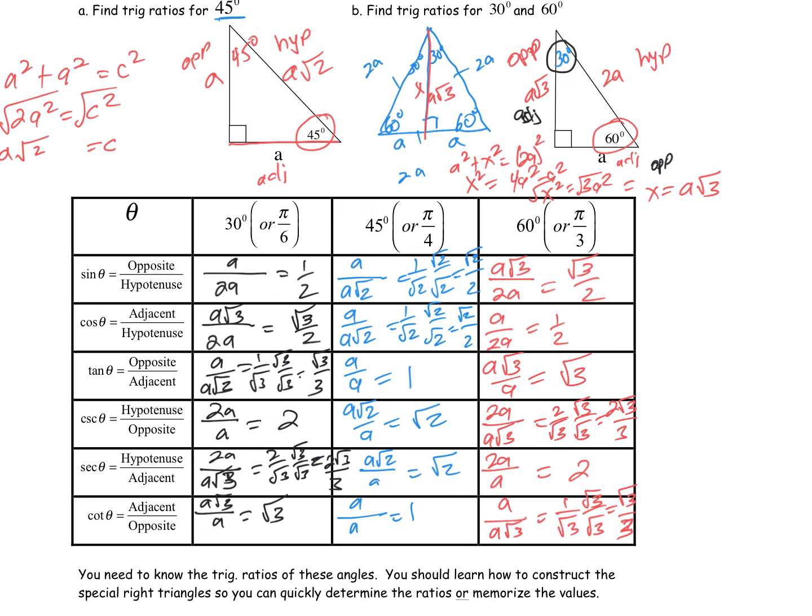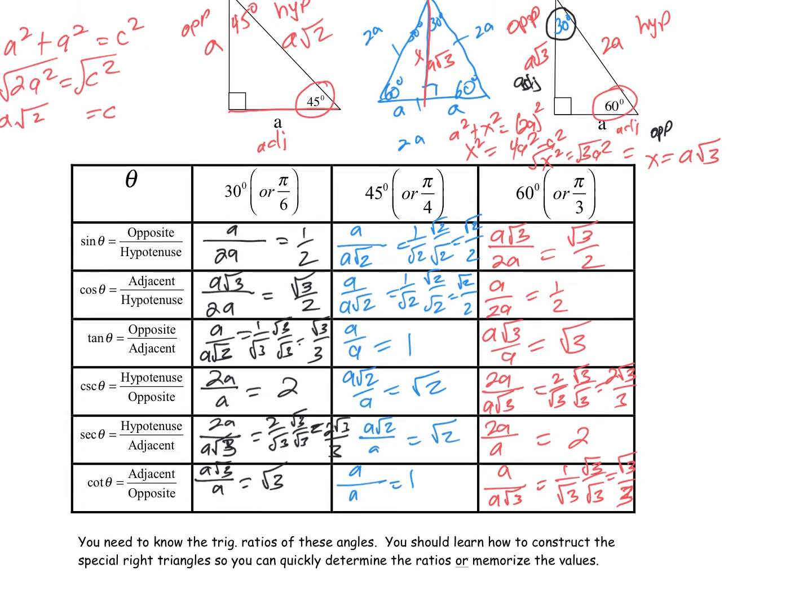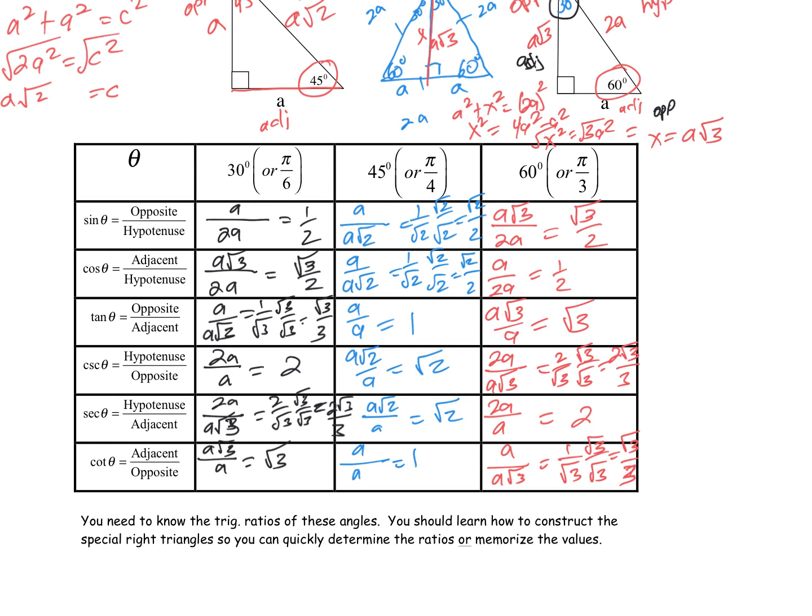And if you look at this chart, you will notice a lot of patterns. In particular, I want to point out that the sine of 30 is the same thing as the cosine of 60. We also have that the cosine of 30 is the same as the sine of 60.